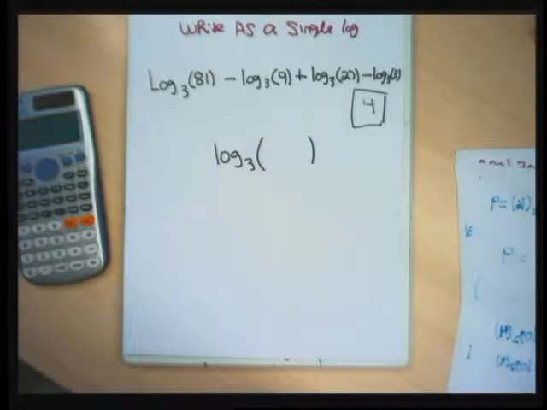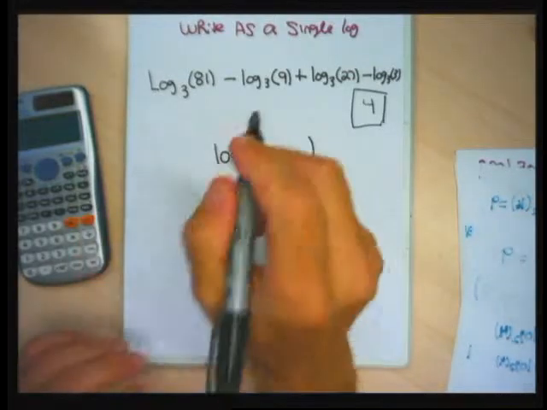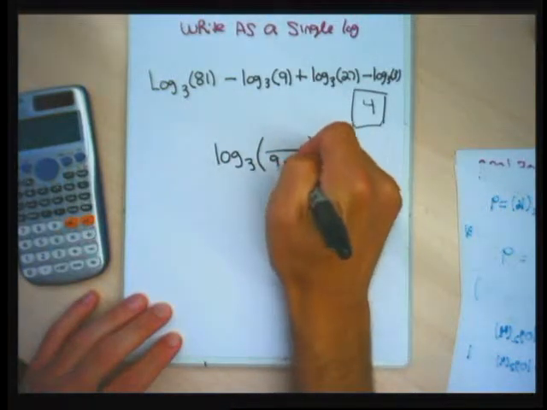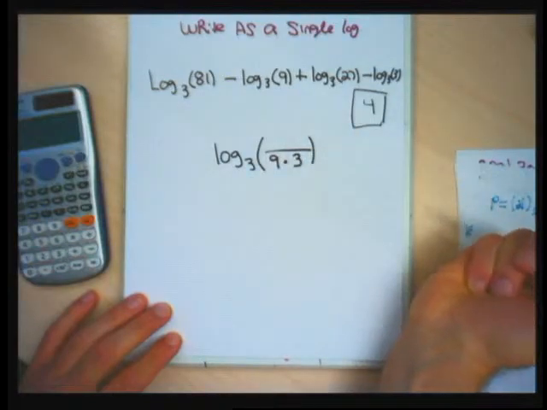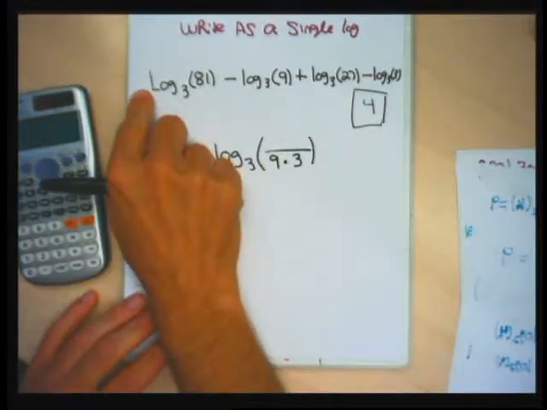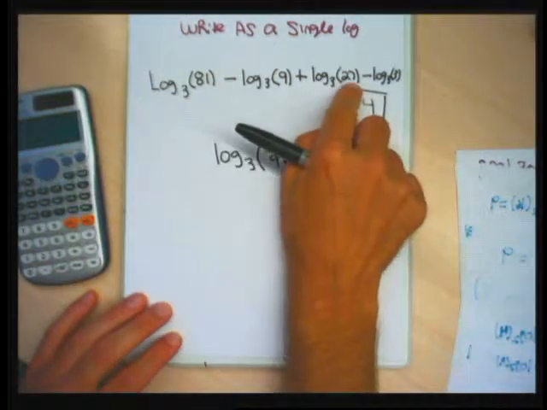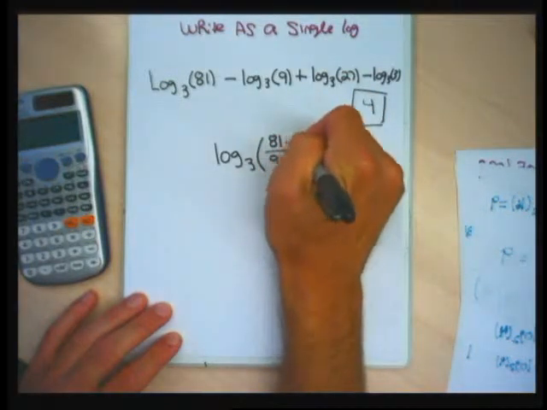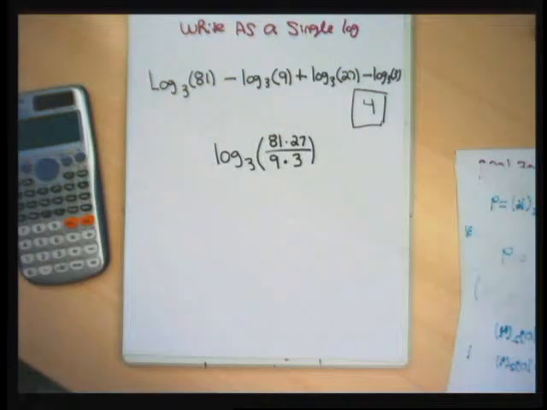The bases are the same. Any logarithm that has a minus in front of it, its argument winds up in the denominator. Any logarithm without a sign, which is an implied plus, or that has a plus sign, winds up in the numerator. So I claim that that's a proper way to rewrite this as a single logarithm.